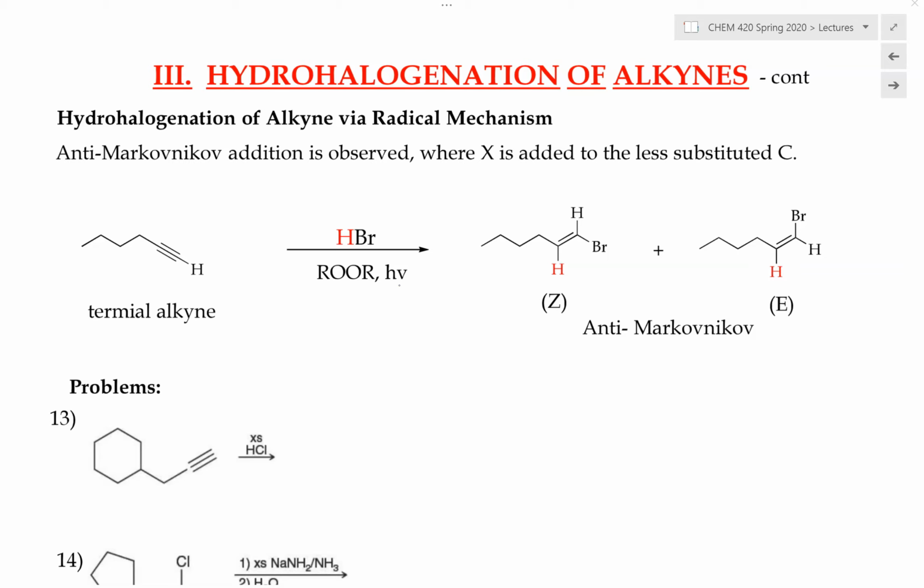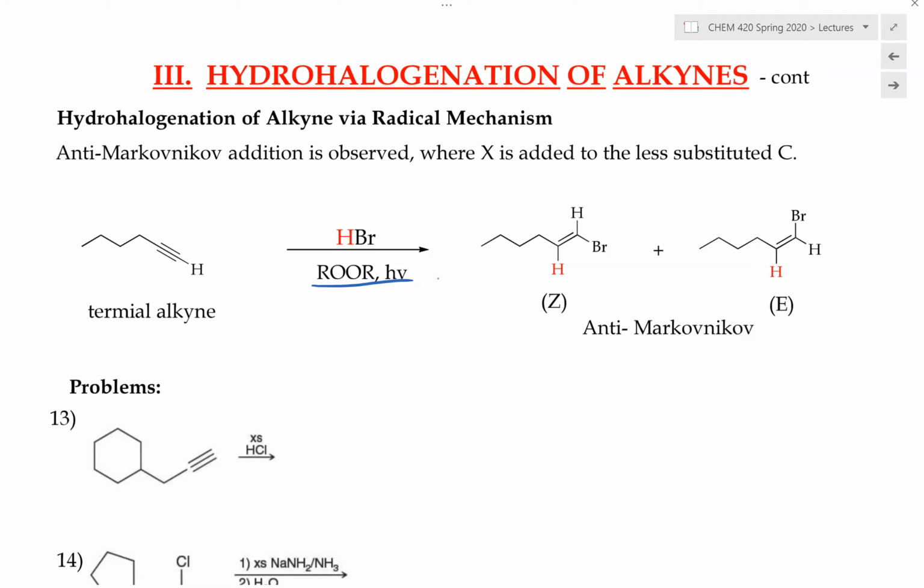So what happens if we do the same thing, hydrohalogenation of the alkyne in the presence of hydrogen peroxide or some sort of peroxide and light, to force the reaction to undergo the radical mechanism?